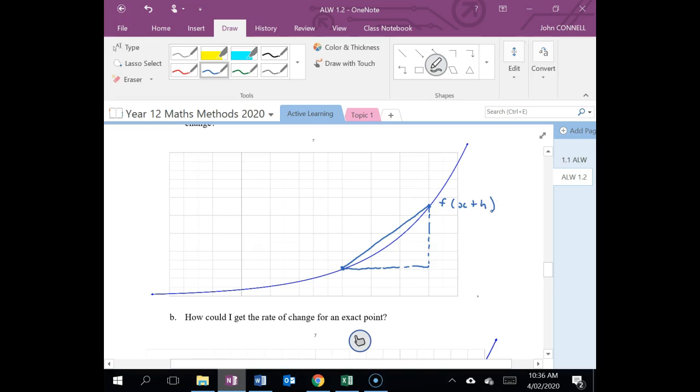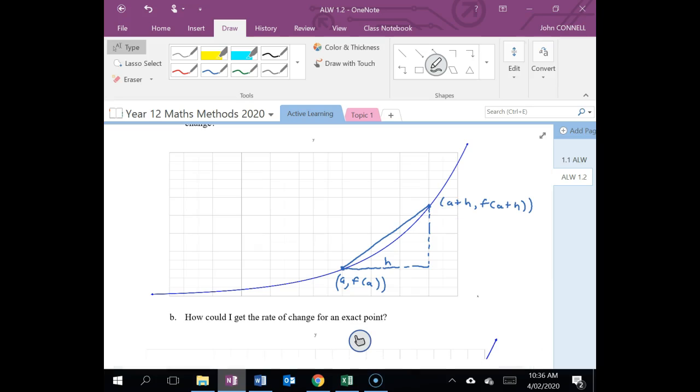I call this point a, f of a, and this one a plus h, f of a plus h. So the x-coordinate of this point is just a. Then the y-coordinate is just the value of the function at a. And over this distance here, we've just got a distance of h. So this is a plus h, just h units on, and so it's f of a plus h.